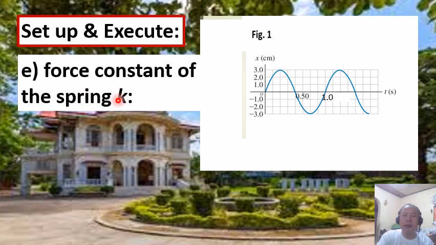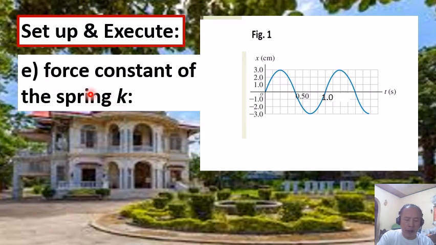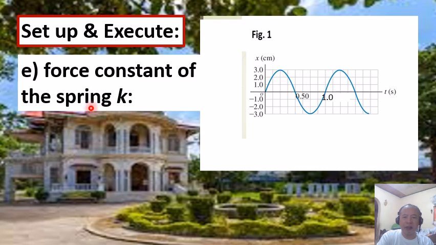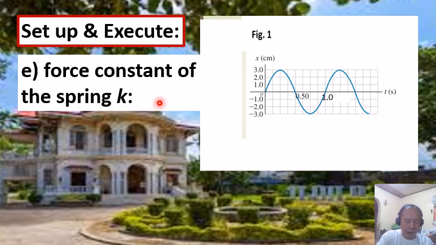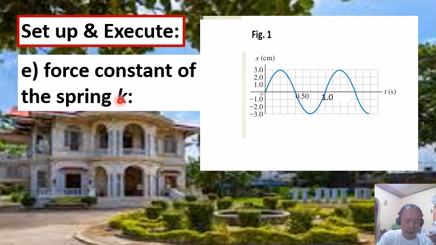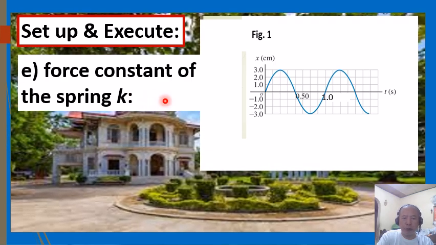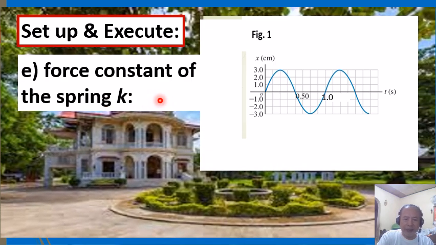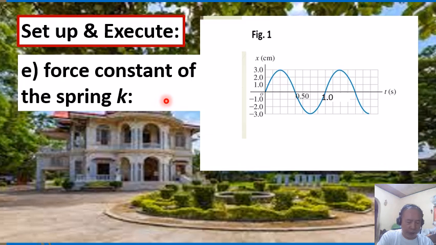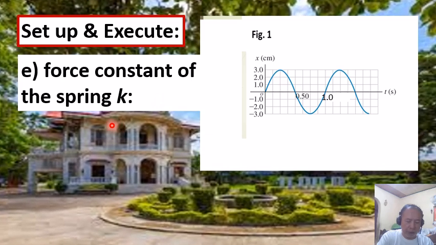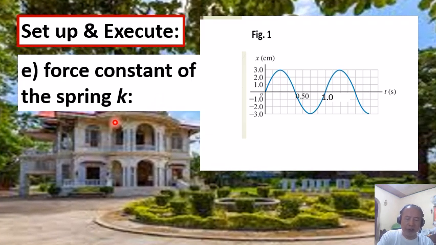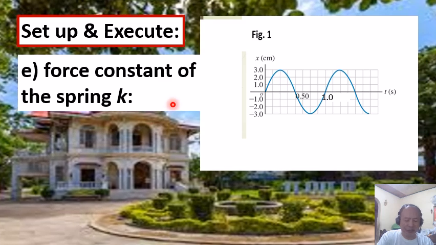Lastly, in part E, we find the force constant, small letter k, of the spring, where we also assume that the spring here is an ideal spring, which means that we disregard its mass.